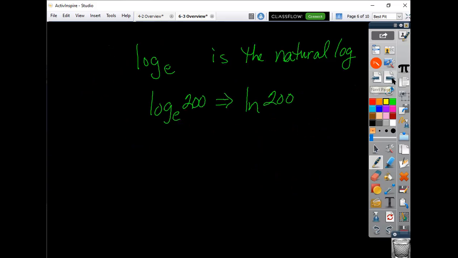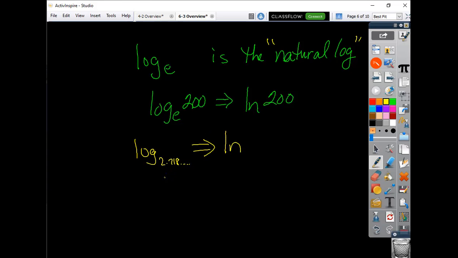Continuing on here, I know I'm going fairly quick, but you can go back and rewatch those if you need them. Log base e. In the last lesson, we talked about this e number with infinite compounding as being this 2.718 thing, but like pi, its decimals keep going forever. It's irrational. So they just shorthand this and call it the natural log, and they write it as ln.